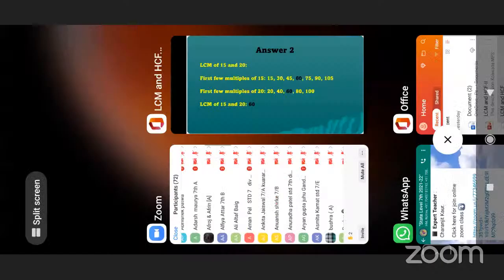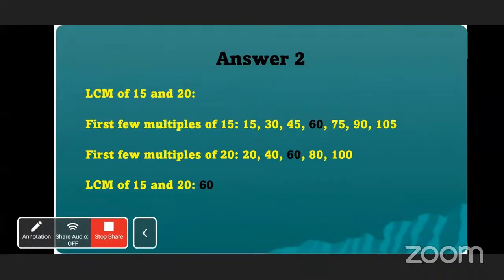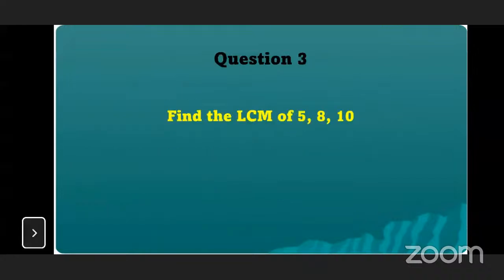Okay. So this question is for those who said there is no doubt. What is the LCM of 5, 8, and 10? 90. What?